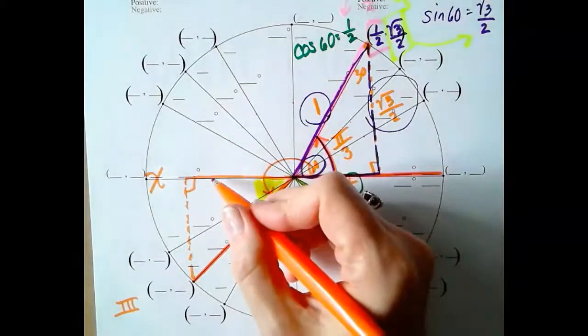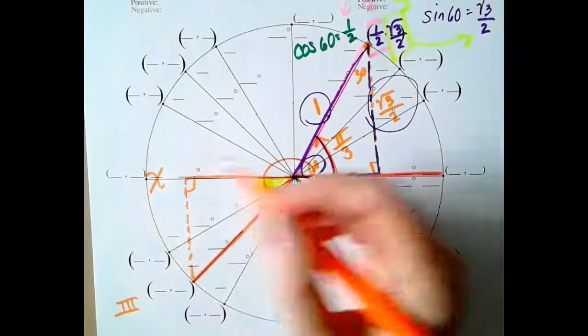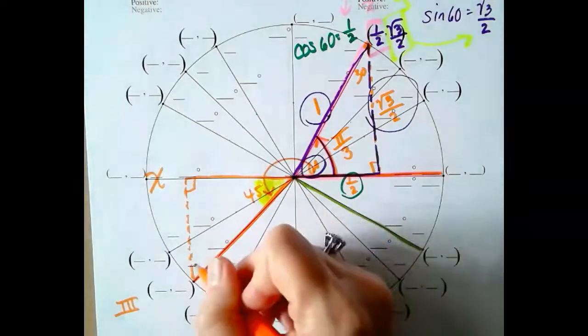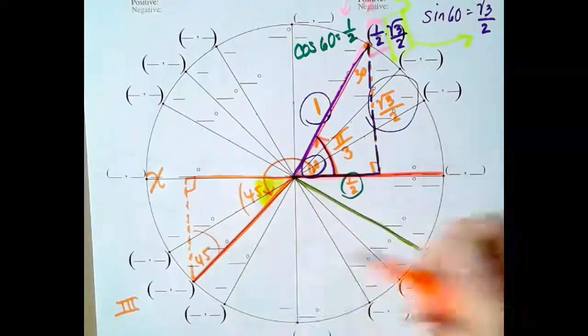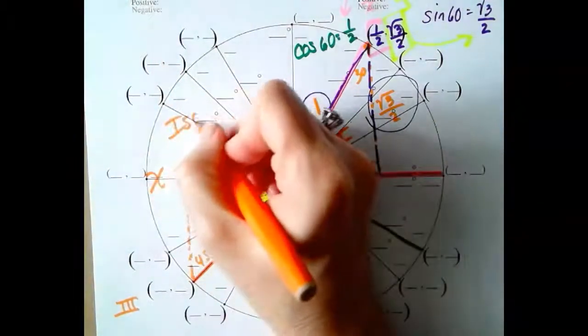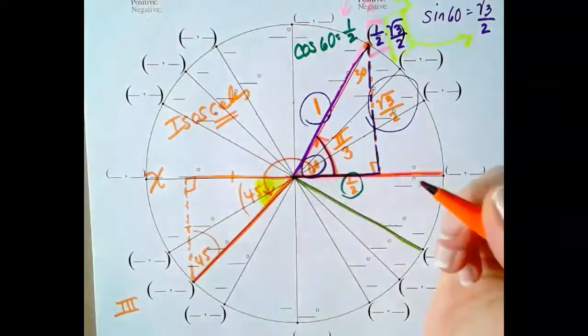So if we went 45 degrees past that negative side of the x-axis, we're talking about a reference angle of 45, which means its other angle on the other side is 45. So a 45-45-90. Remember, a 45-45-90 is isosceles, which means these two sides are congruent.